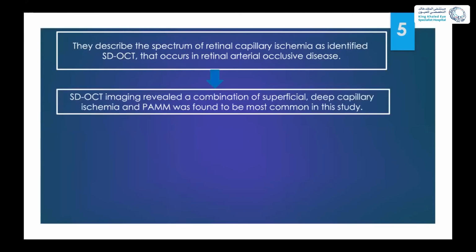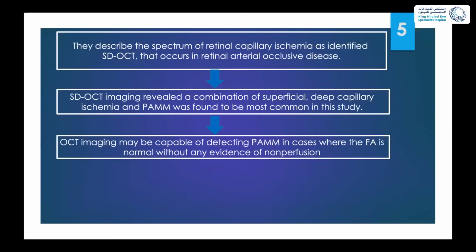The spectral domain OCT imaging in their study revealed a combination of superficial or deep capillary ischemia or PAMM, and they found this combination of ischemia can present in the same patient in most of their study. And they concluded that OCT imaging may be capable of detecting patients with paracentral acute maculopathy in cases where the fluorescein angiography is normal without any evidence of non-perfusion.